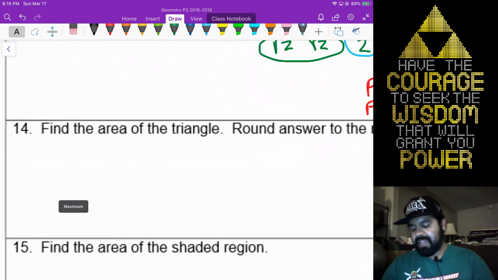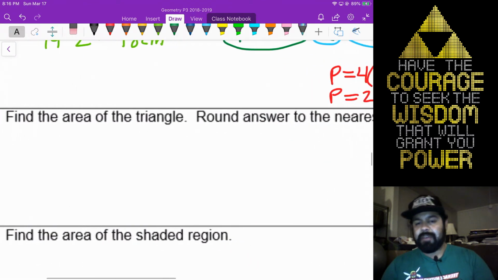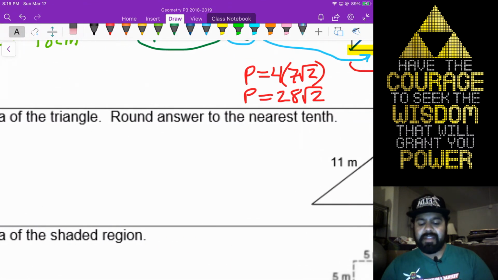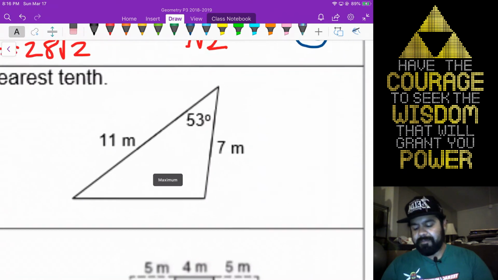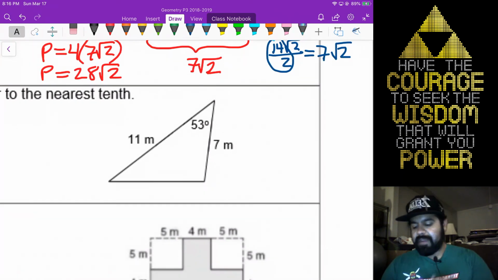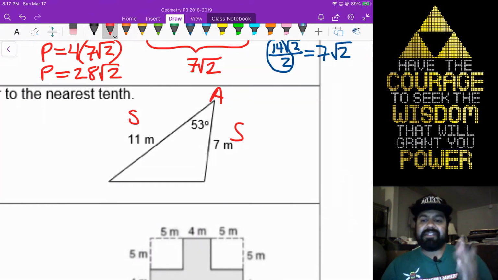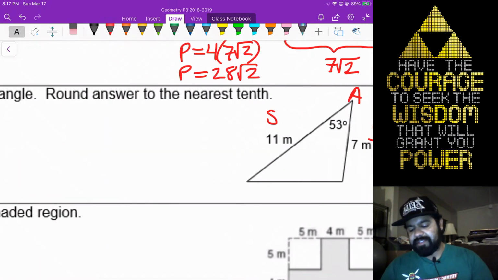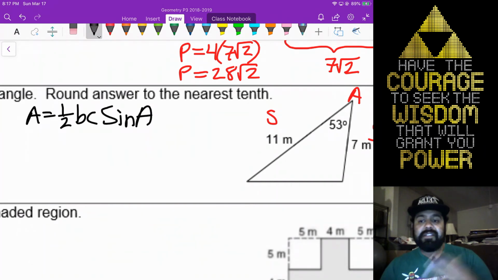Alright, find the area of the triangle. Now before I start writing the formulas, I need to look and see what kind of a triangle I have. So right away, I'm given a side, an angle, and a side. Side, angle, side. We have that really awesome formula for that. That's our 1/2 BC sine of A, where B and C stand for the side lengths.